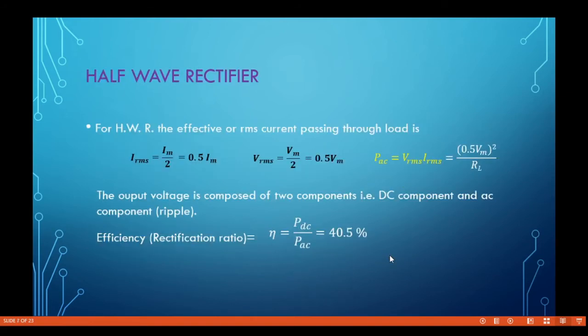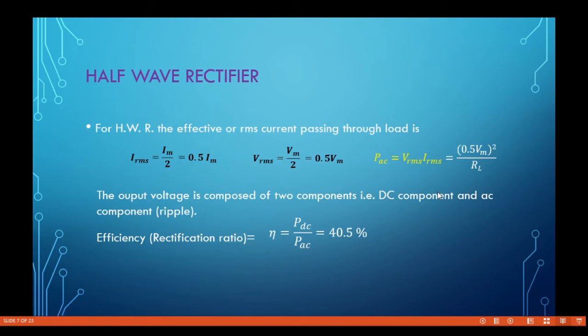So we have calculated the AC values here. IRMS is equal to Im by pi, Im by 2, equal to 0.5 times Im, and VRMS is equal to Vm by 2, and the AC power across the load is VRMS squared, 0.5 Vm squared by RL.